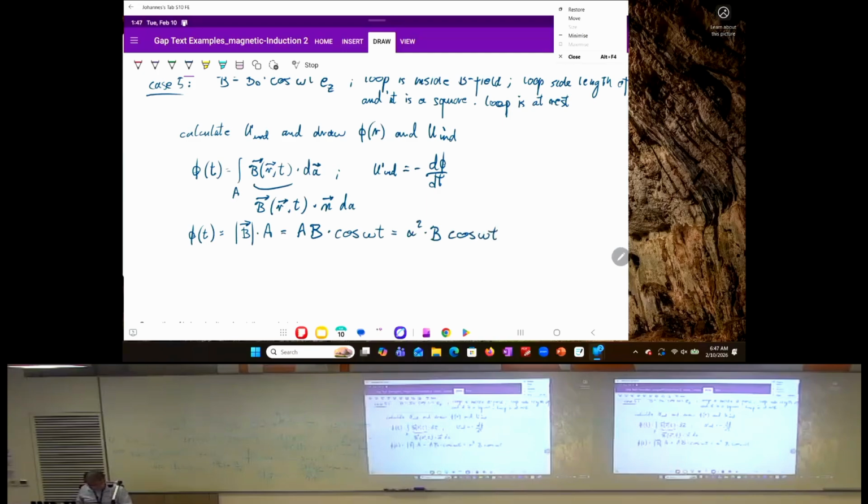If the normal vector is not perpendicular, the general formulation would be B times the normal vector times the cosine of the angle between the B vector and the normal vector, and then the area of the loop. In our situation this is 90 degrees.